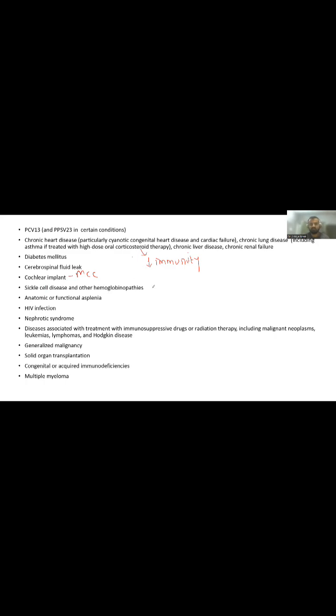Sickle cell disease and other hemoglobinopathy. As you know, sickle cell disease has a phenomenon known as autosplenectomy, as do other hemoglobinopathies. If you plan to do splenectomy as a treatment protocol for the patient, then you have to give vaccination with three primary vaccines that I want you to remember.